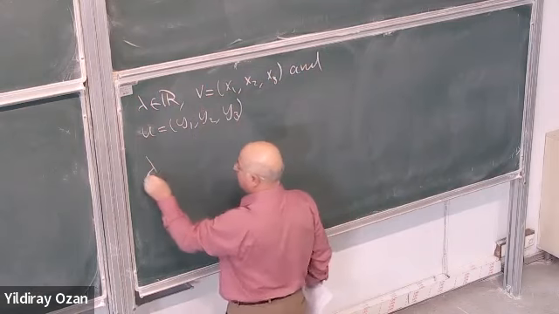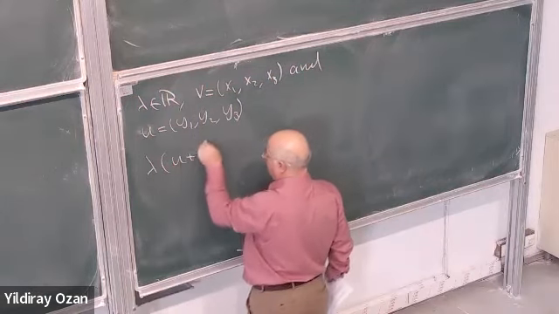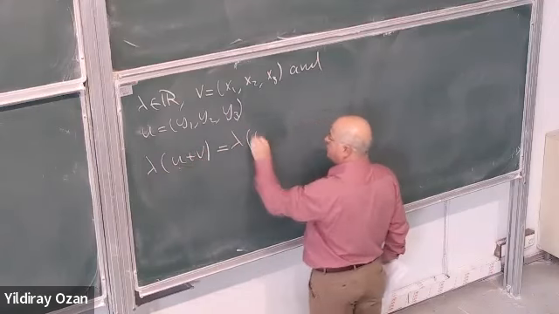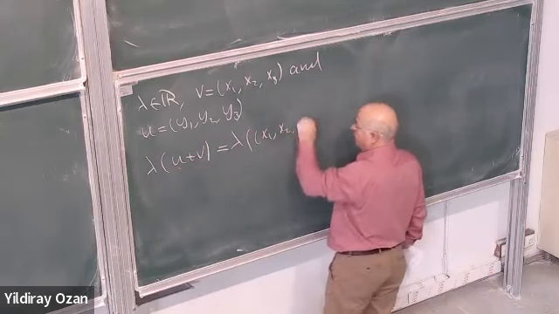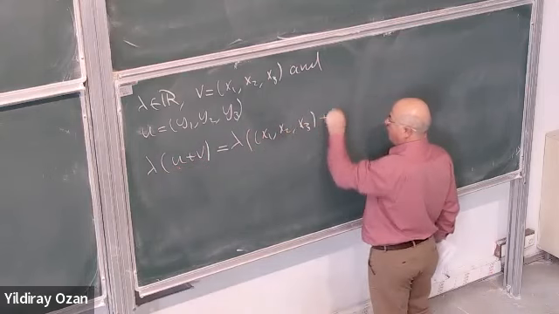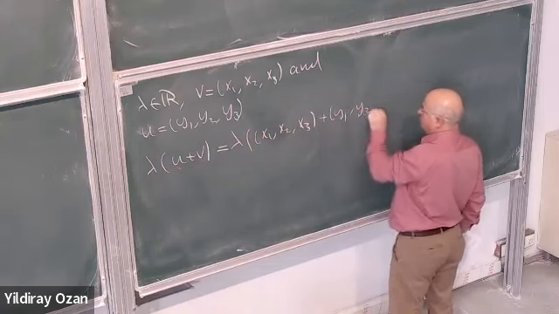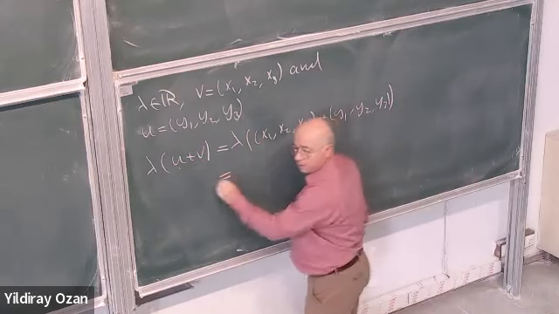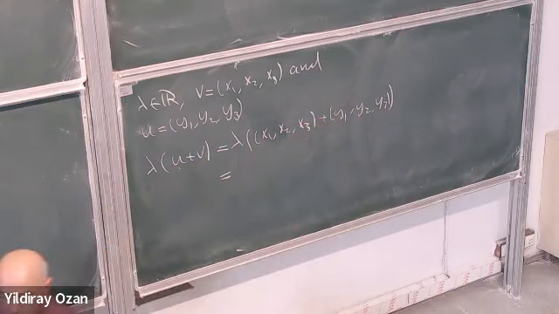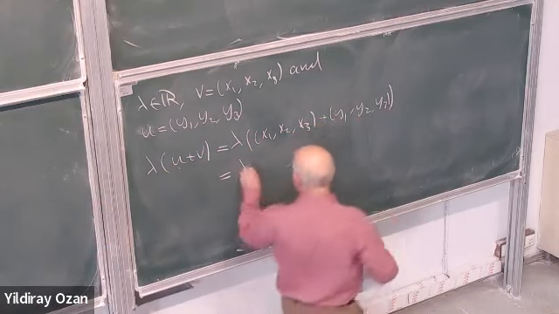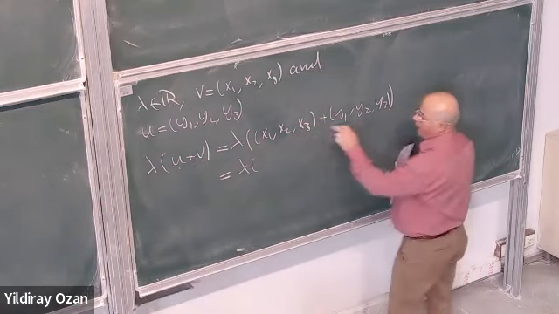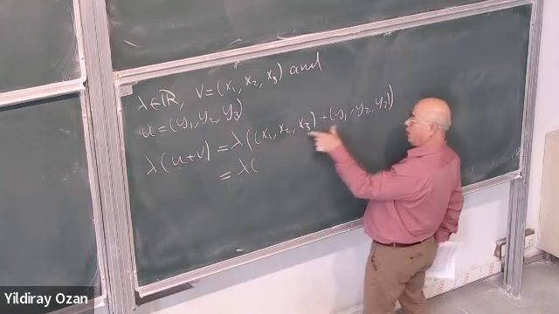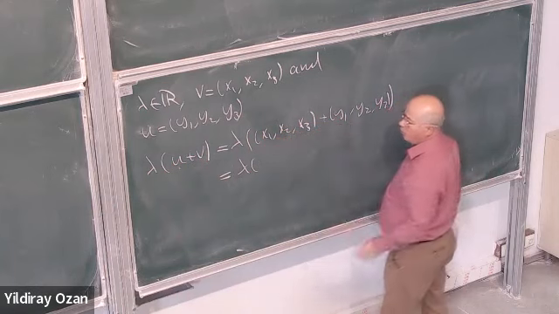Let's check that. So u plus v. Well, first I have these two vectors added up. How would you add two vectors? Well, we add these vectors just component-wise.